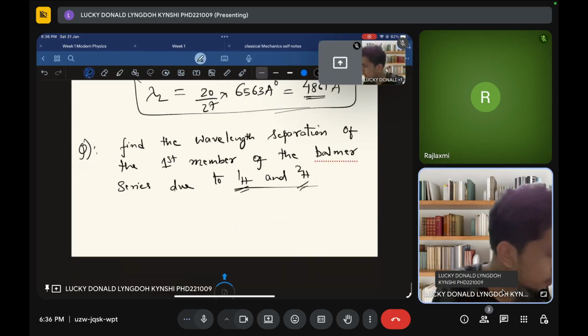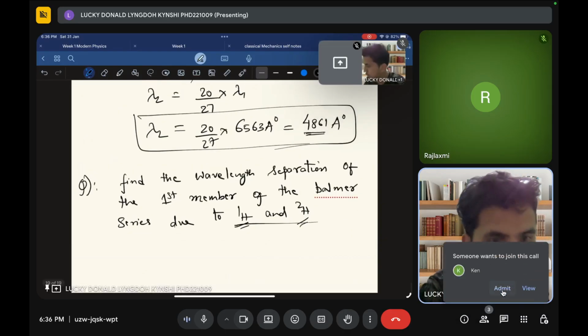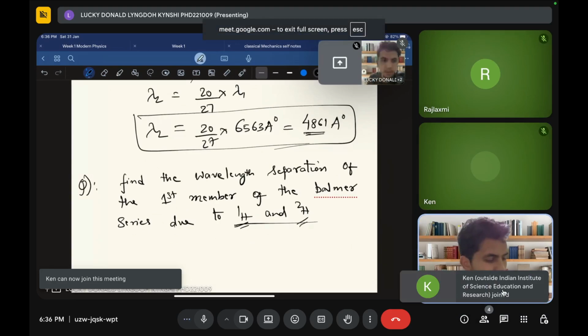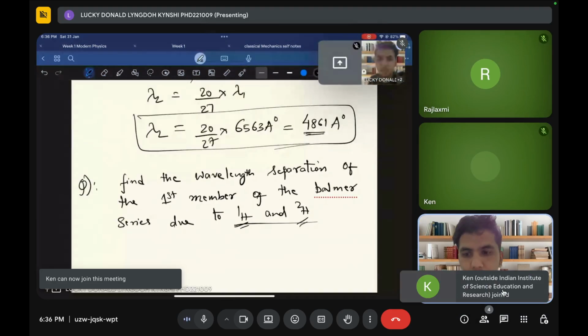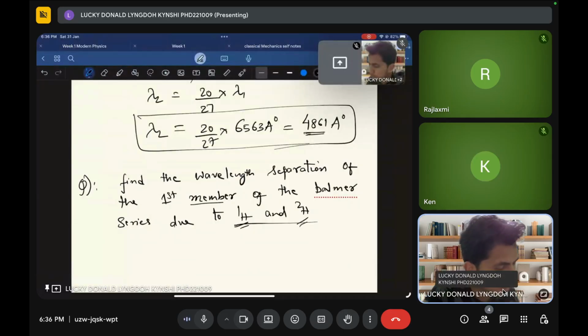Remember, we have to find out the wavelength separation between the first member of the Balmer series due to hydrogen and due to deuterium, 1H2. So this is the difference between 1H and 2H.